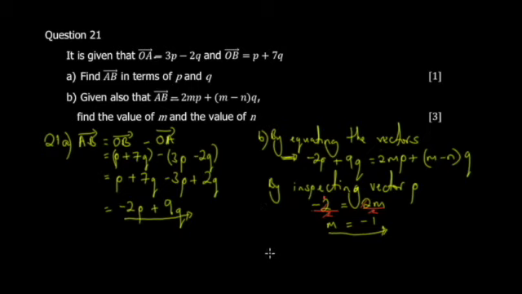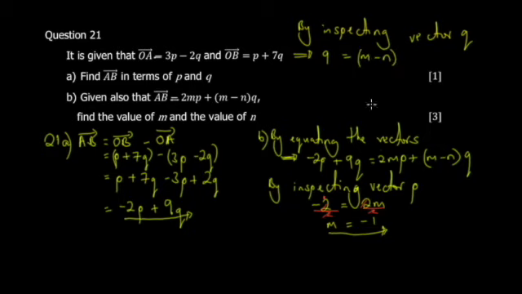And you are asked to find m and n. So we just found m. So you also do the same thing. This time we're inspecting vector q. So by inspecting vector q, you find that 9 equal to m minus n.